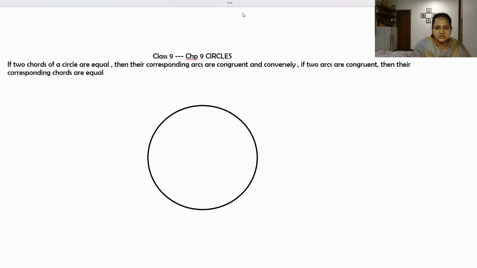Suppose this is your circle and we have any two equal chords. Let us call one chord AB and the other chord BC. These two chords are equal. Which is the arc corresponding to the chord AB?